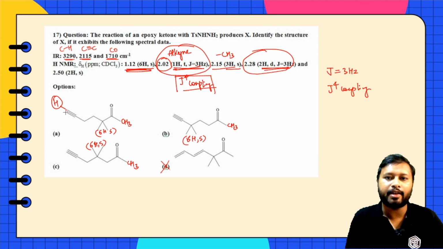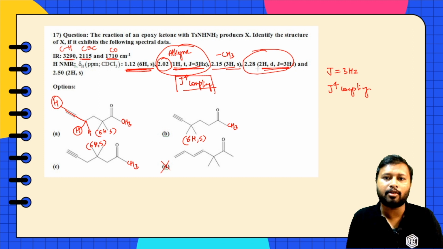Let's look at the options. If I have to couple them, this particular hydrogen should have 4J coupling: one bond, second bond, third bond, and the fourth bond. So these hydrogens are what we are talking about. But are these hydrogens going to give you a doublet?